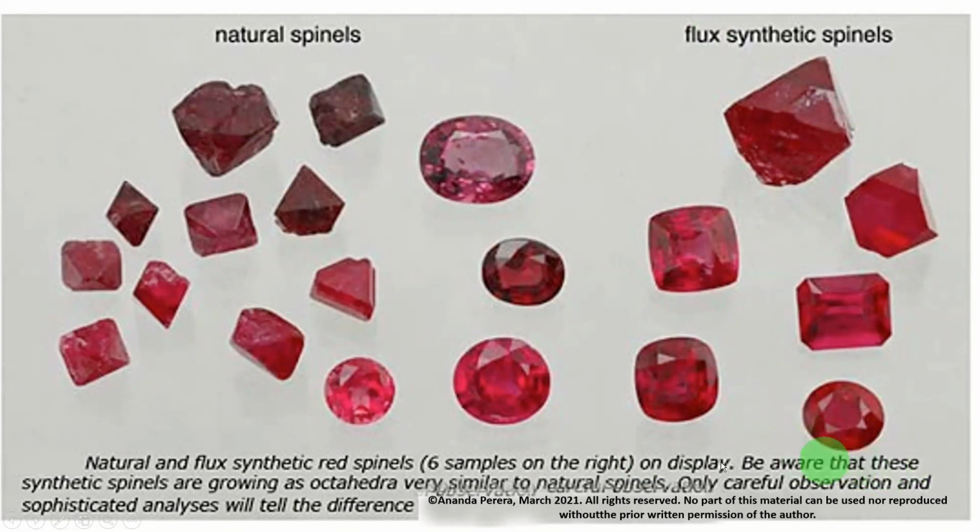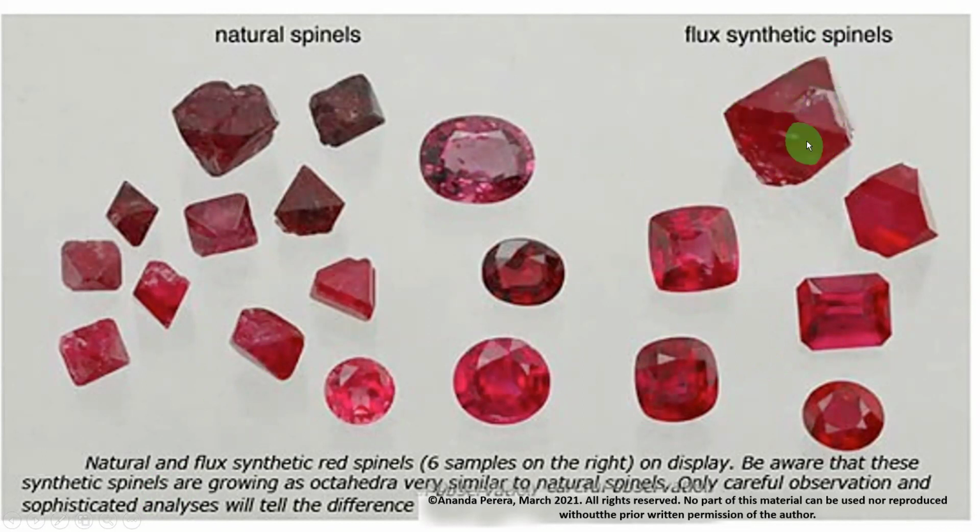Be aware that these synthetic spinels grow as octahedra, very similar to natural spinels. Only careful observation and sophisticated analysis will tell the difference. If not, you can't. You have to forward the stone to a well-equipped gemological lab. If not, they can't tell. So be careful. There are a lot of synthetic spinels in the market.